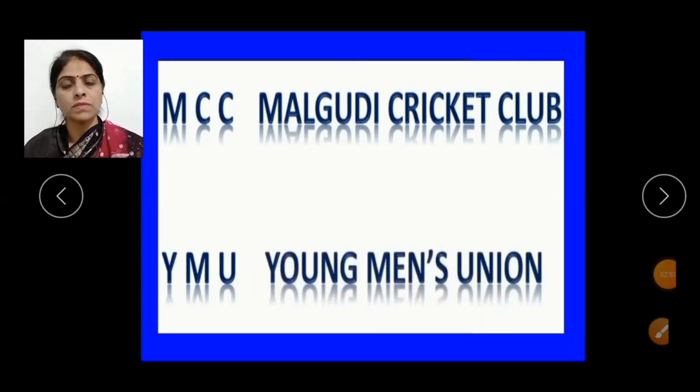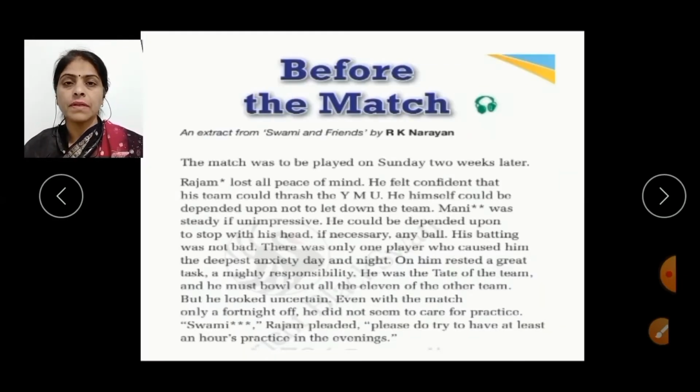The match was between these two teams. Rajam, the captain of MCC team, was confident about his team that it will defeat the YMU in the match. He was himself a good batsman and decided not to let down his team in the match.